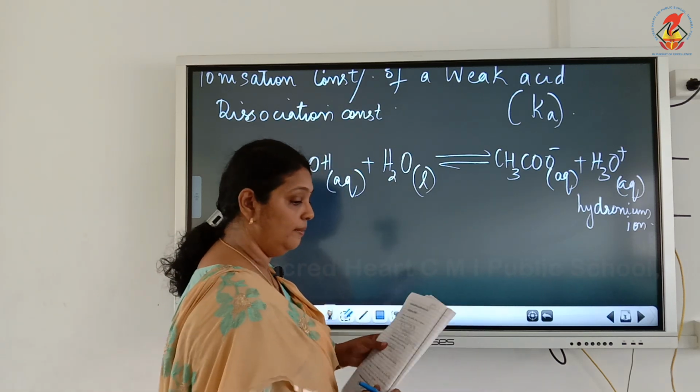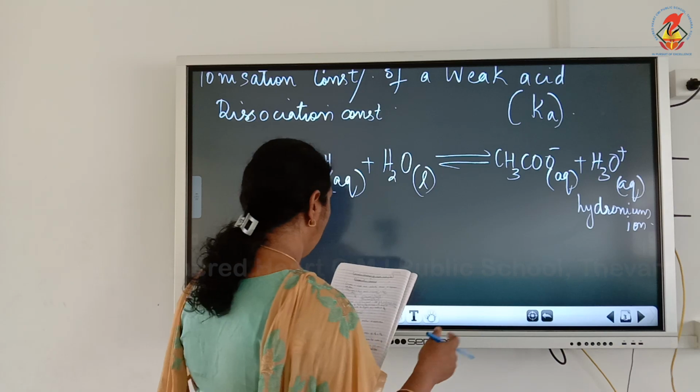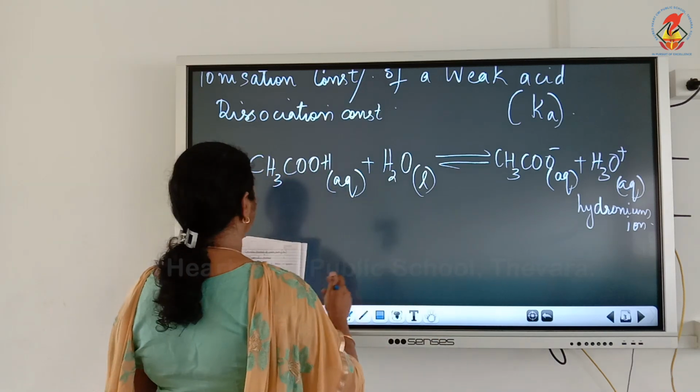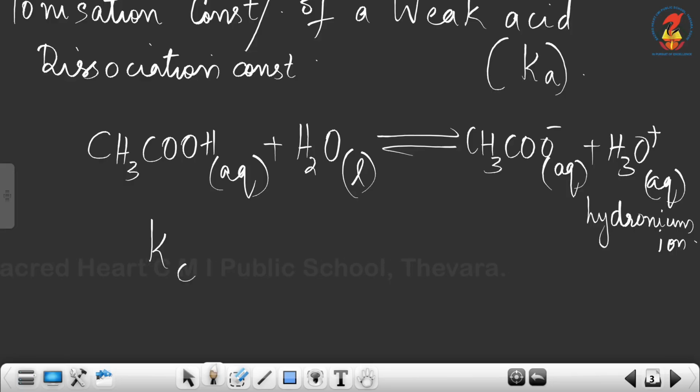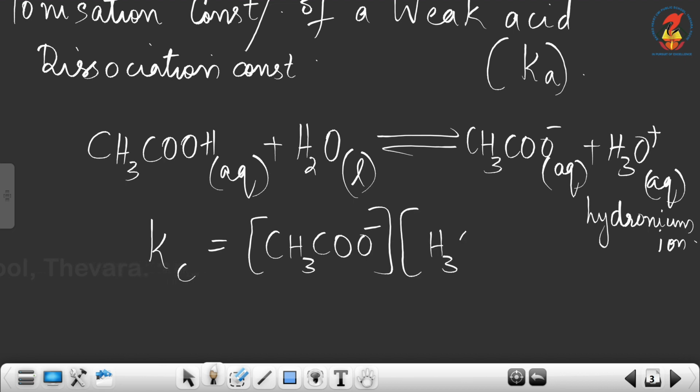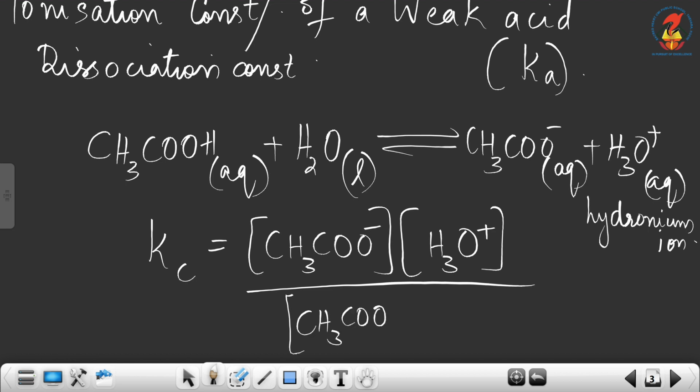Now I am going to write the expression for equilibrium constant, Kc. Kc is the molar concentration of CH3COO- into molar concentration of H3O+ divided by molar concentration of CH3COOH into molar concentration of H2O.